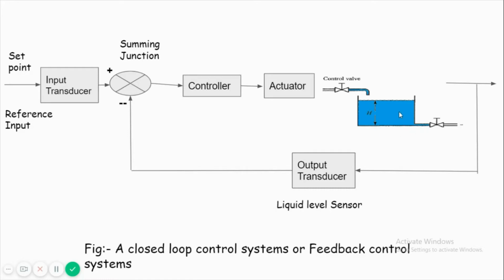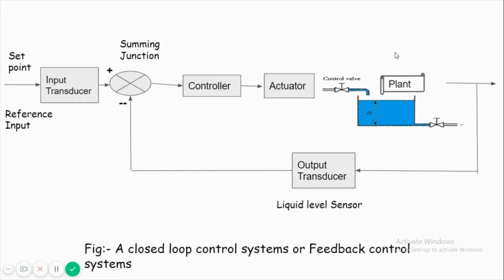But here we are concerned about the height of liquid in this tank, and this control valve is used to control the rate of flow of liquid. So we will try to see the examples which are representing the definitions or the quantities we defined in our previous slide.